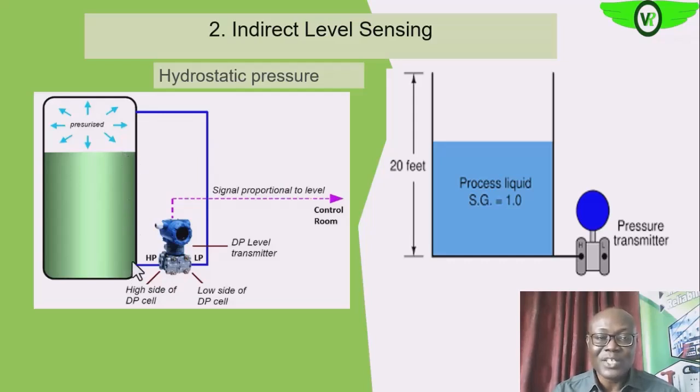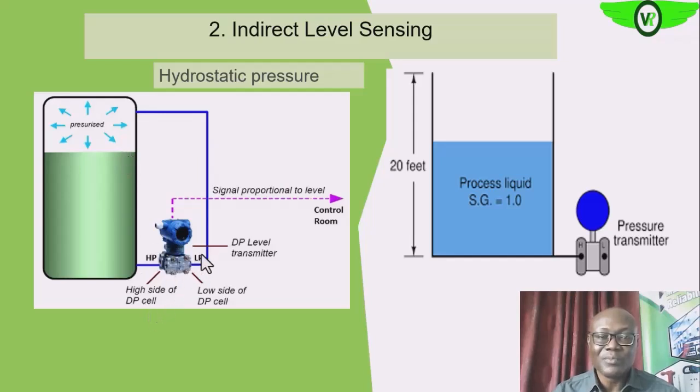As the pressure at the base is increasing, that shows that level or height is increasing. As it's reducing, that shows that level or height is reducing. So by measuring the pressure at the base, we can use it to infer, that is, deduce the level of fluid in the tank.